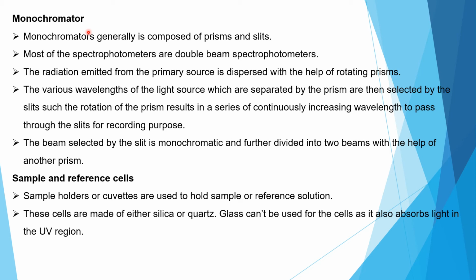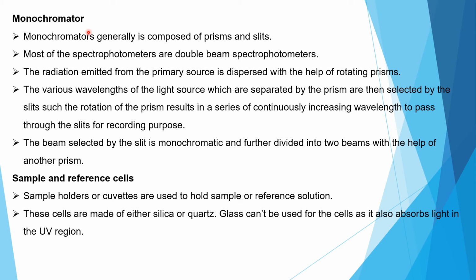To select this single wavelength, quartz prisms or gratings are generally used as monochromators, or else we can use colored filters, which can also convert the polychromatic radiation into a monochromatic radiation.